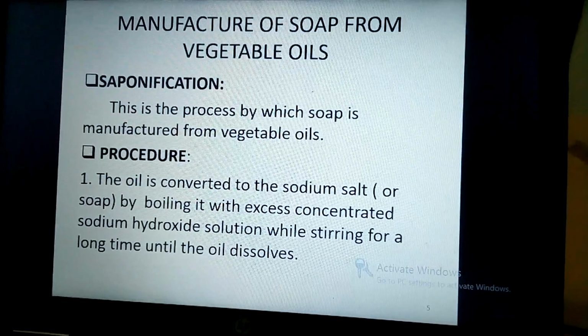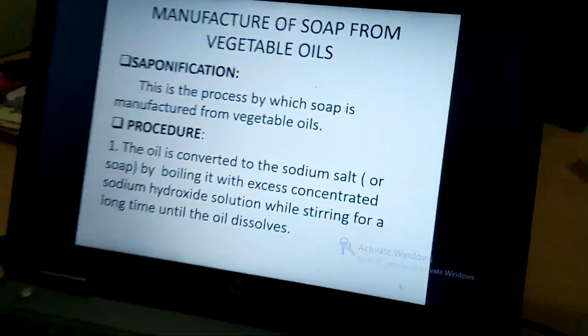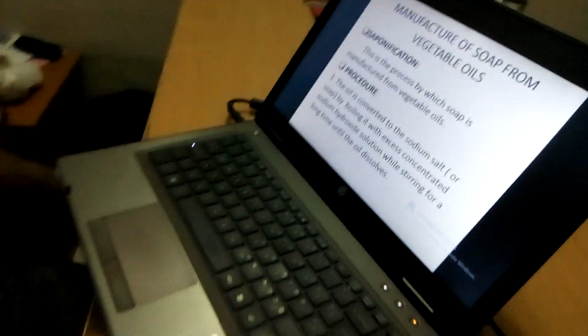So what we imply here is that we boil oil, and on it we add concentrated sodium hydroxide solution, and that boiling will hydrolyze or break down the oil. It will break down the oil molecules into salts, and the salts that are formed are the soap particles that we get in the mixture.